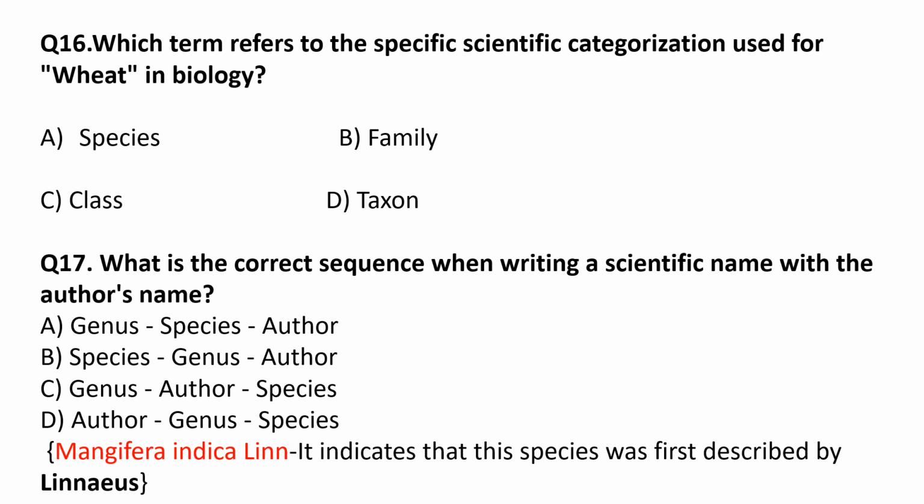Which term refers to the specific scientific categorization used for wheat in biology? It is taxon. What is the correct sequence when writing a scientific name with the author's name? It is genus first, then species, then author. Option A is correct. Like Mangifera indica Lin, Mangifera is the genus, indica is the species and Lin is the author.